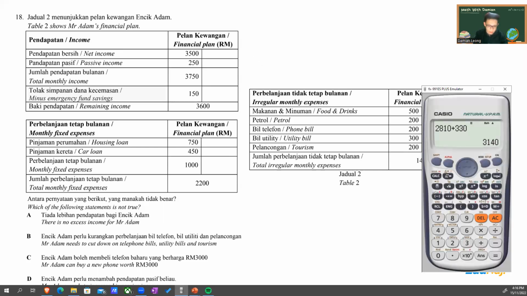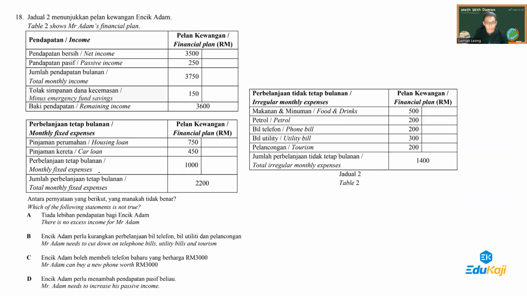If I take total income minus fixed expense minus variable expense or irregular expense, you get 0. Means there's no excess. So this is true.